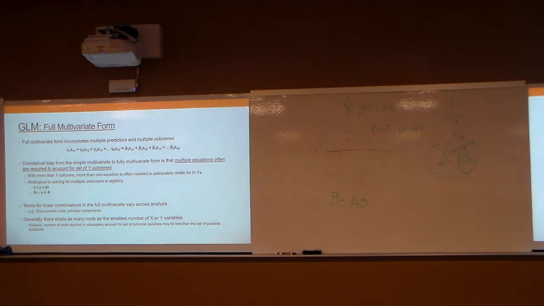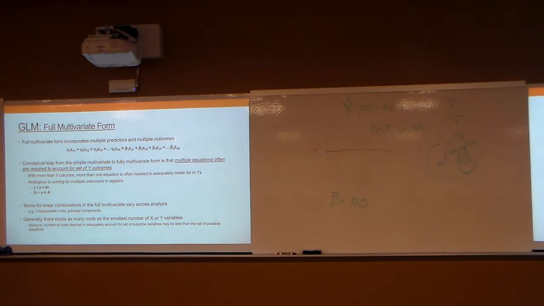And when we're doing this type of stuff, what we find is there's generally as many roots or linear equations as the smallest number of my x and y variables, okay? So let's say Siley's running a study, and she has 5 IVs and 3 DVs, right? In this situation, the max number of roots is probably 3, 3 linear equations that could be used to capture the relation between those variables.